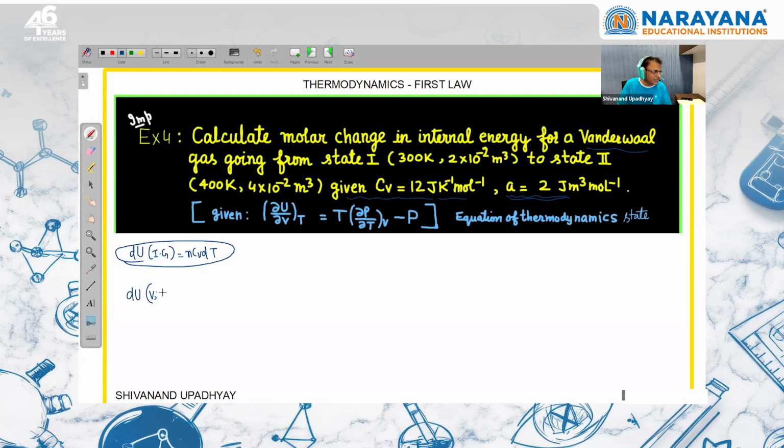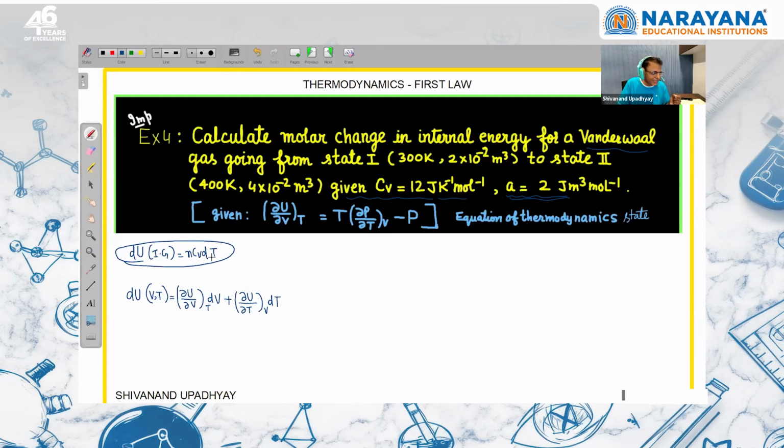So change in internal energy can be written as a function of volume and temperature. Since internal energy is a state variable, I can write that the net change in internal energy is the partial change in internal energy with respect to volume at constant temperature into dV, plus the partial change in internal energy with respect to temperature at constant volume into dT.